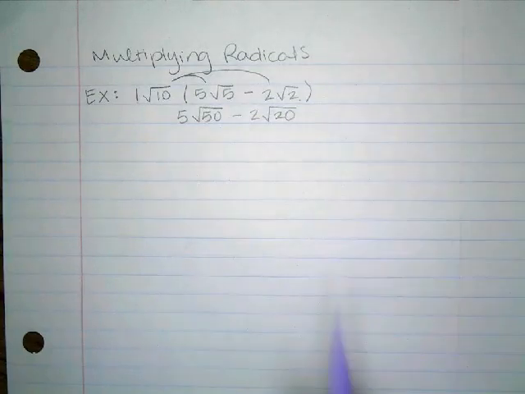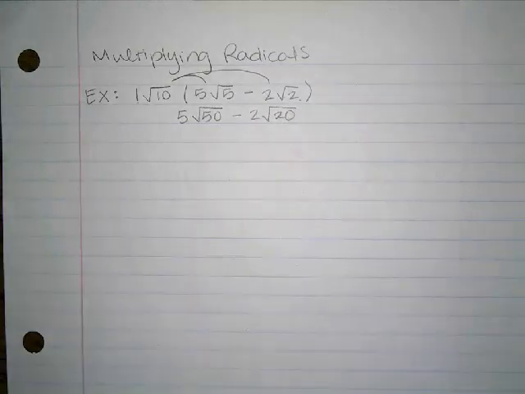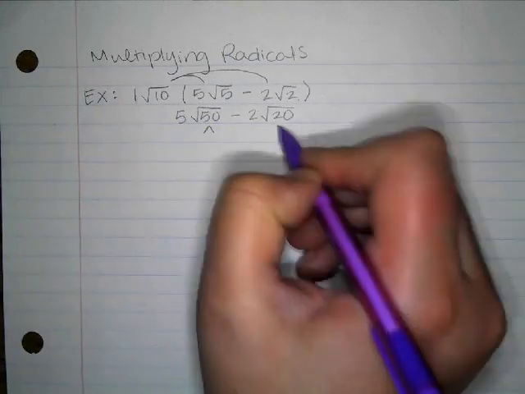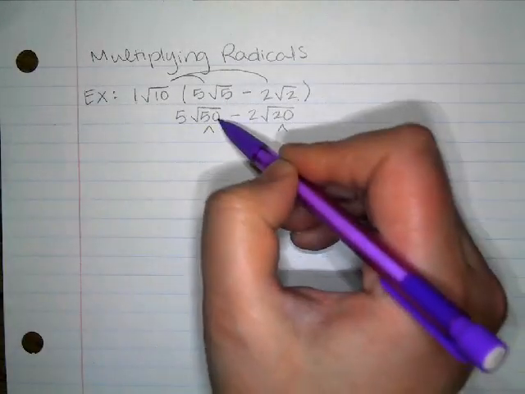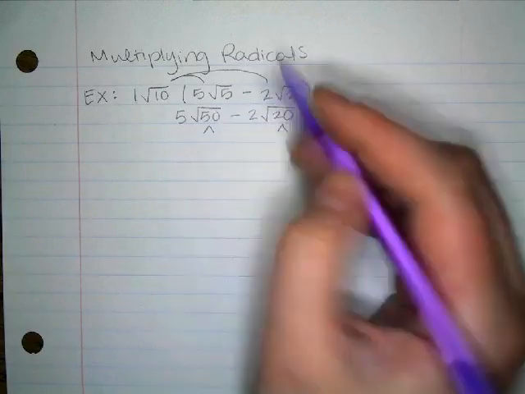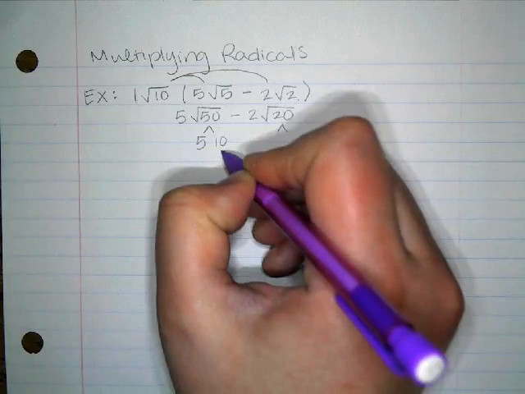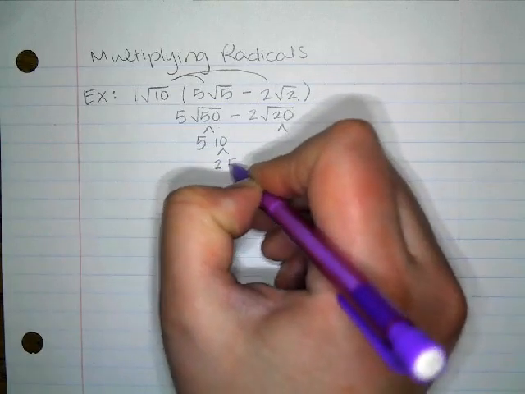Okay. And then what should we do? Not combine the things outside just yet. Simplify. Okay, so 50 we're going to break down into what? 5 and 10. 10 breaks down into 2 and 5.